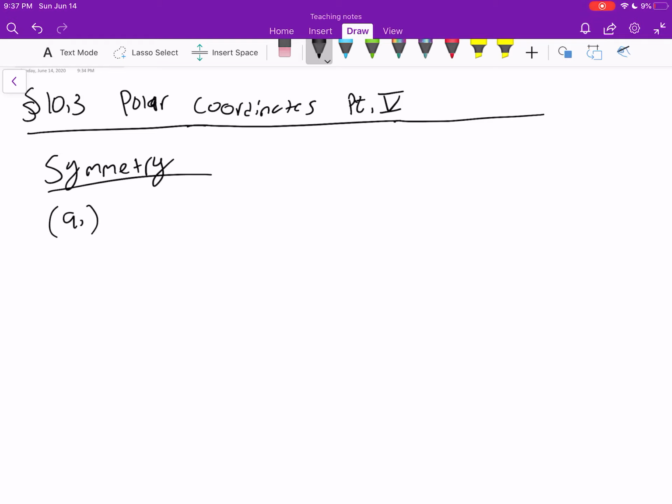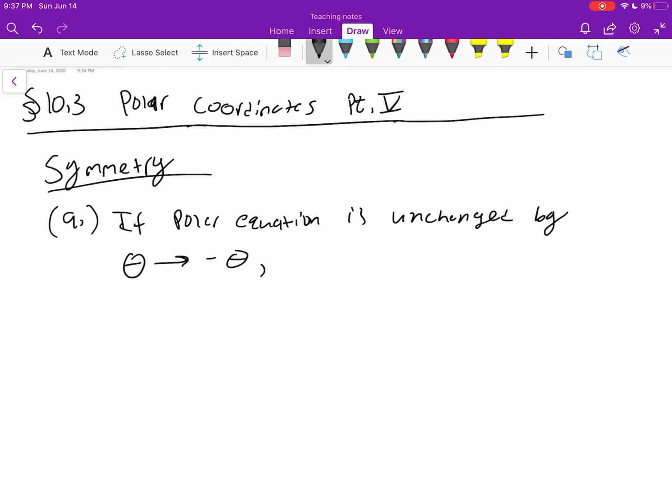So the first one is, if the polar equation is unchanged by replacing theta with negative theta, the curve is symmetric about the polar axis.